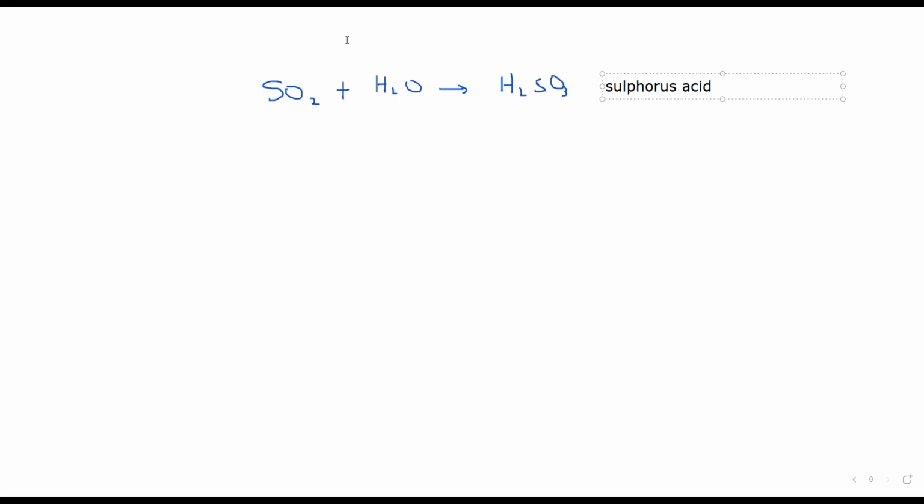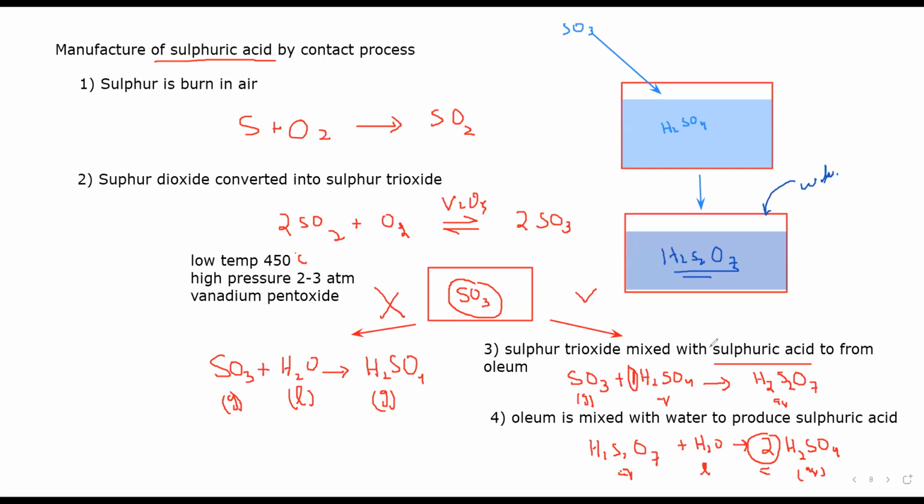And sulfur trioxide mixed with water will form H2SO4. So this will produce sulfuric acid. So if we want to produce sulfurous acid, we can react sulfur dioxide directly with water. But if we want to produce sulfuric acid, practically by a contact process, we follow this step.